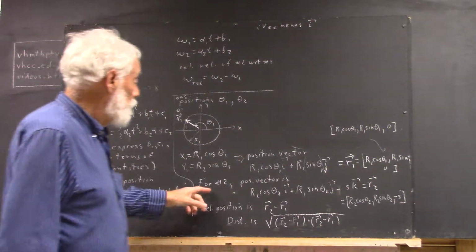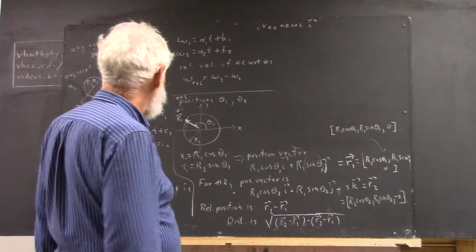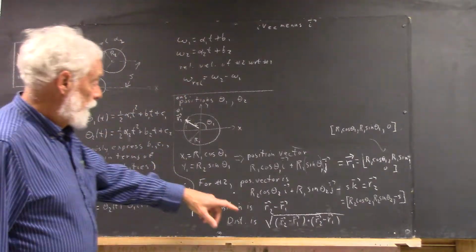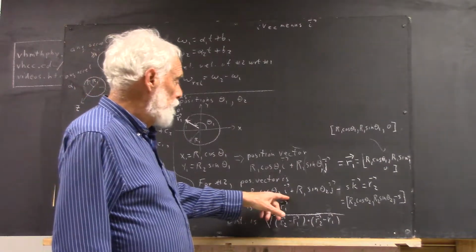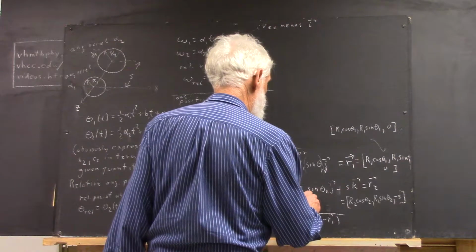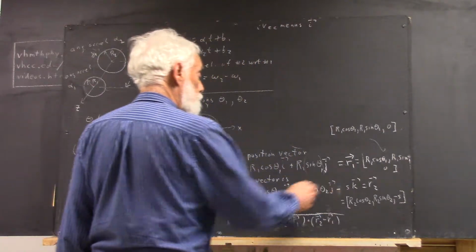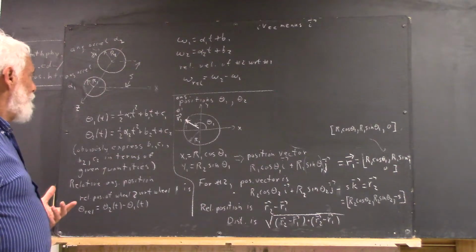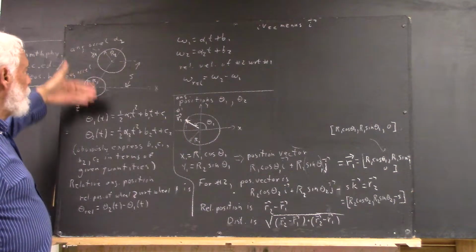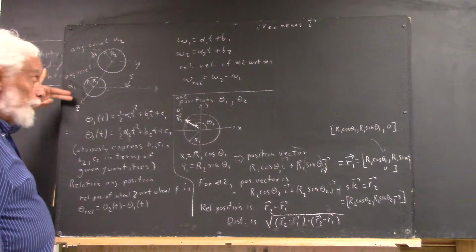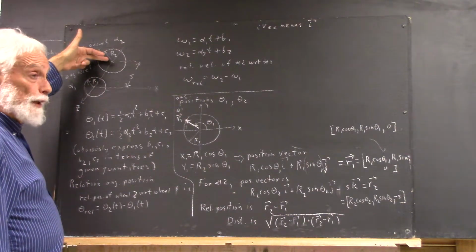Now for wheel 2, what's your position vector? Well, on the wheel, you're going to be at r2 cosine theta 2 i plus r2, not r1, r2 sine theta 2 j. But you're no longer in the xy plane where z equals 0, you're in the plane where z equals negative s.